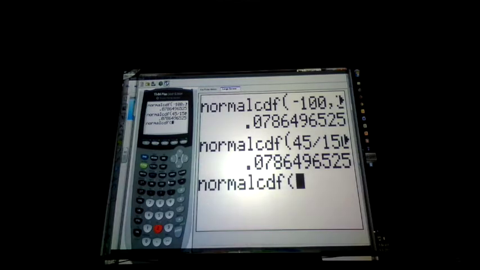This one might not allow that. So, let's just solve it.